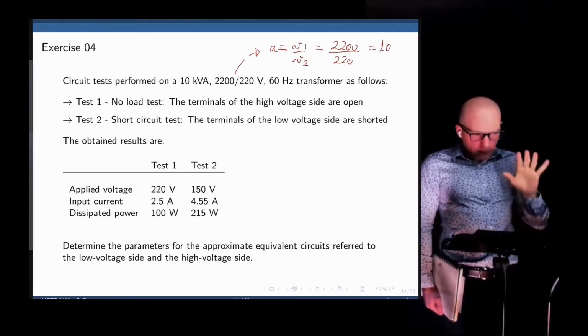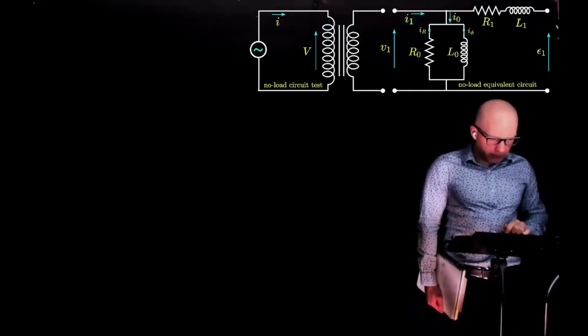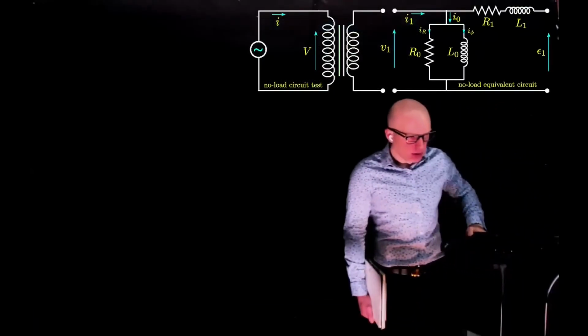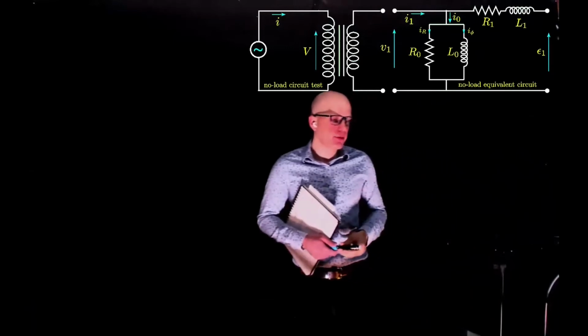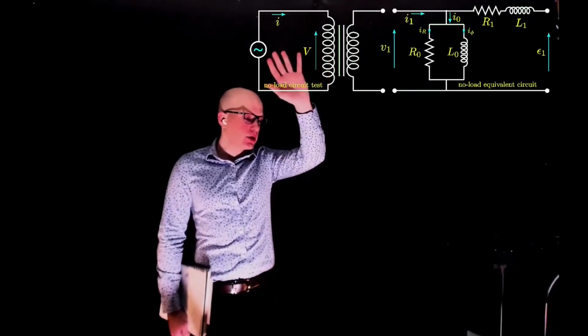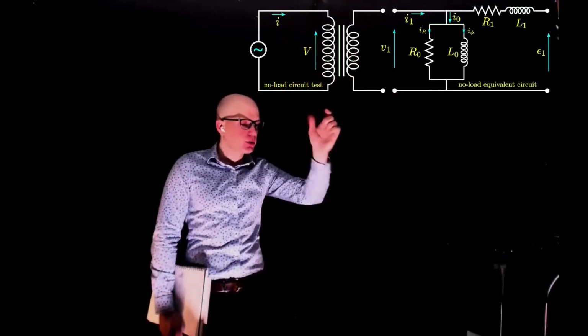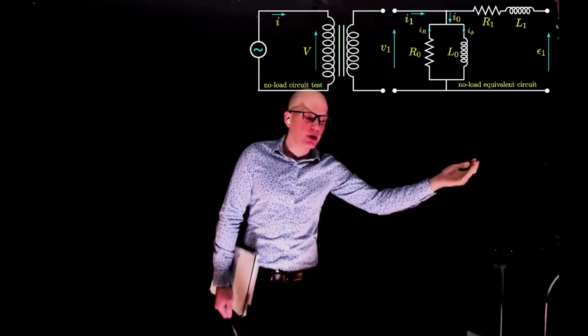So let's see if, based on this, we can identify the parameters of the system. Here we have the circuit that we would use, with the primary winding and the secondary winding. It shows as the primary, but it doesn't matter. We are just reversing the transformer and applying an input in the secondary winding.